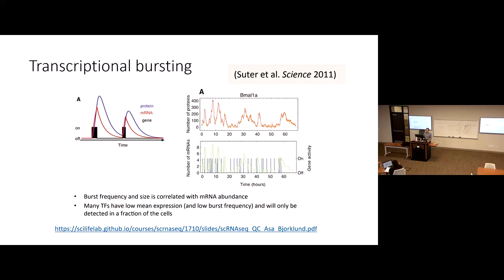So there is some fundamental theory about this transcription bursting. If you follow the expression of one gene in a single individual cell, you may see it switched on, and then after a while switched off. The frequency and magnitude may change from gene to gene, but in general, you should have something like this.